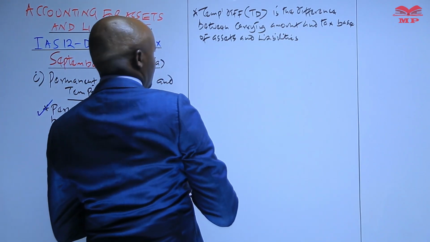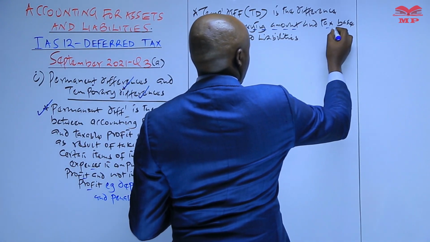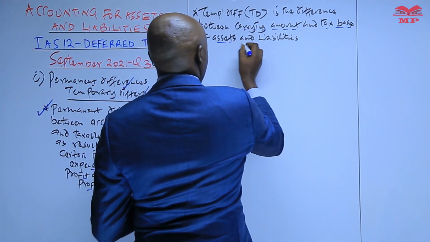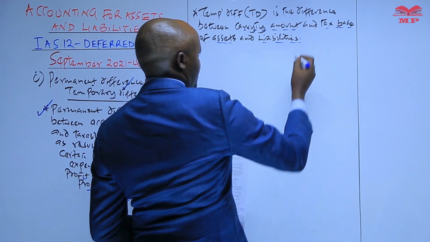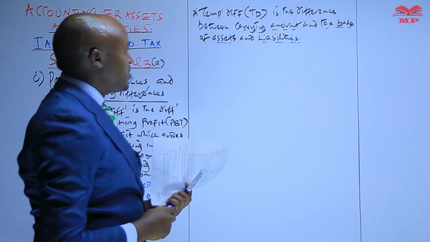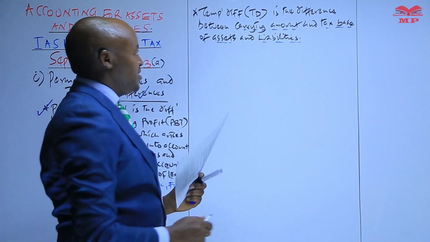The difference between the carrying amount and the tax base of assets and liabilities. And in this case, we have two types of temporary difference.